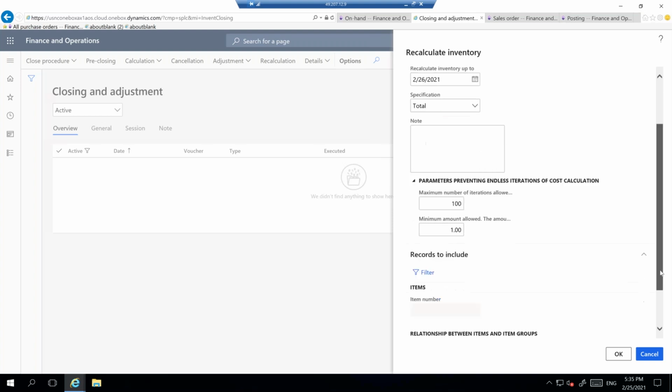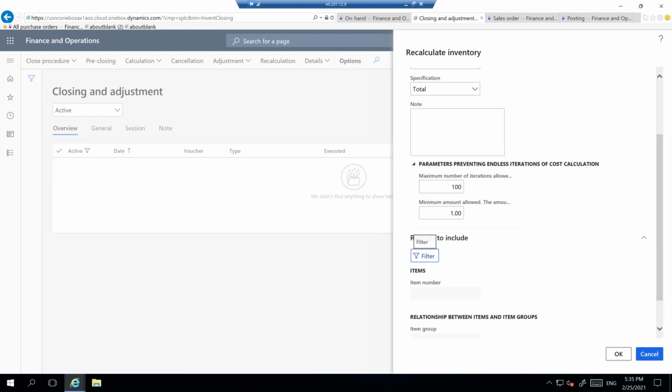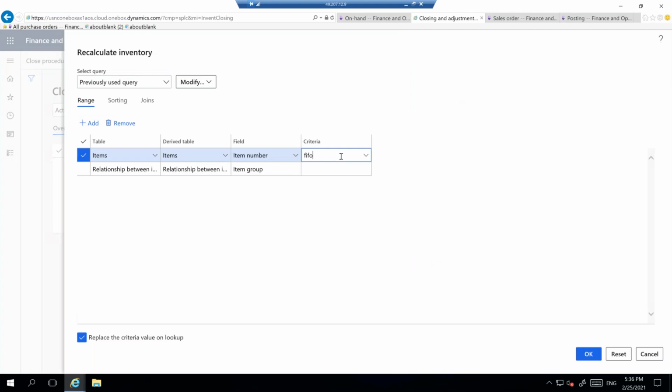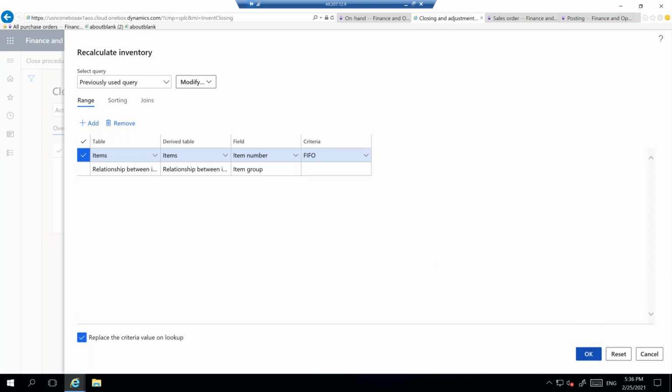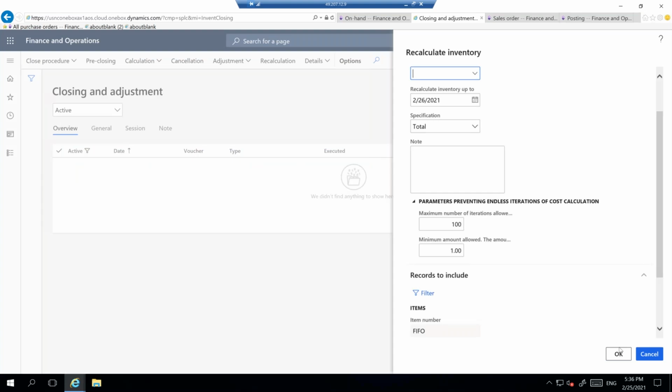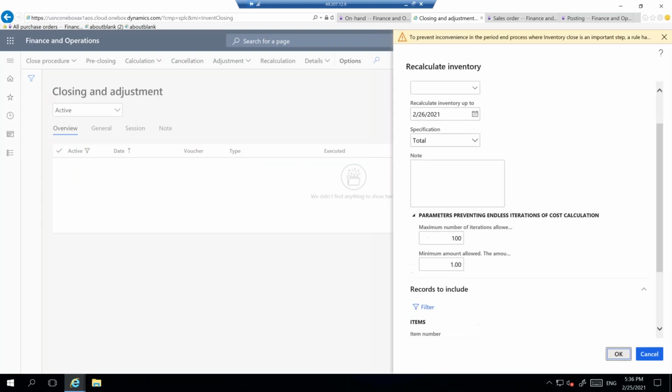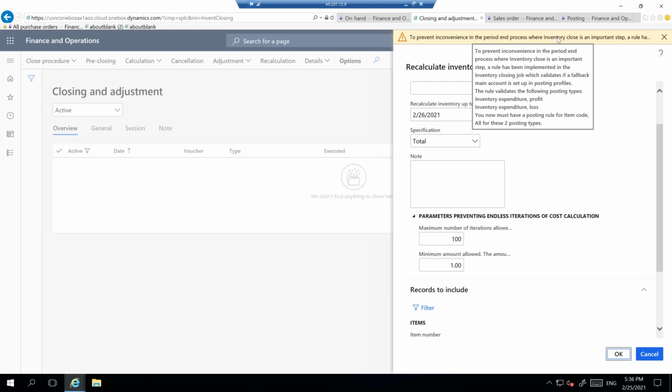Filter. Click OK. I'm getting it once again. Also to prevent the investments in the period, and so where inventory close is an important setup.